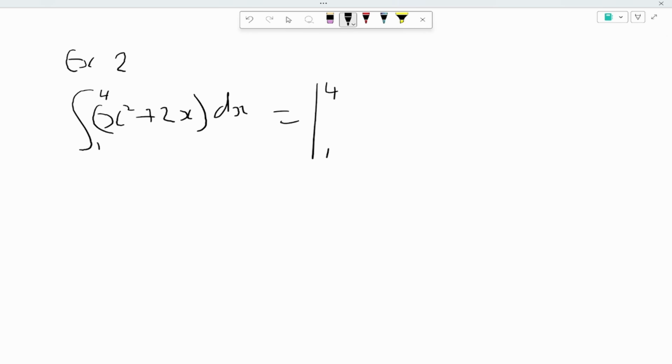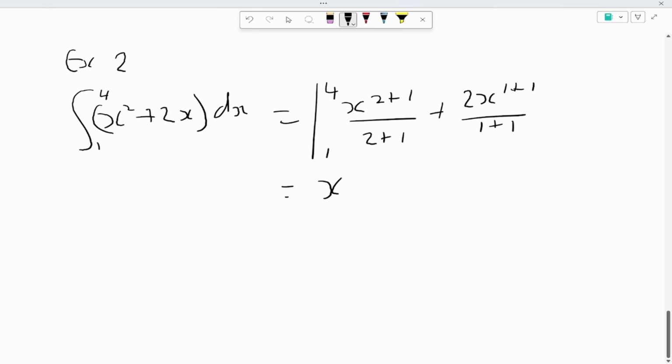You integrate the function first, x raised to power 2 plus 1 all over 2 plus 1 plus 2x raised to power 1 plus 1 all over 1 plus 1. Of course, this will give you x raised to power 3 all over 3 plus 2x raised to power 2 all over 2.